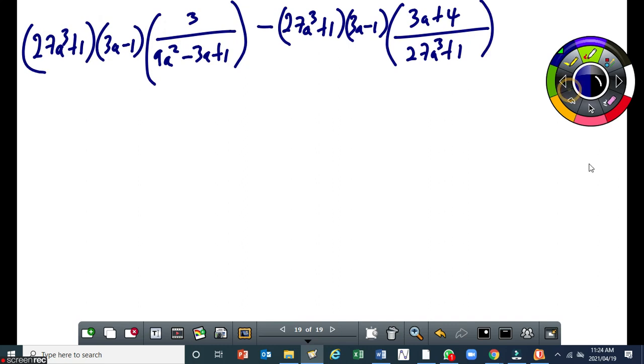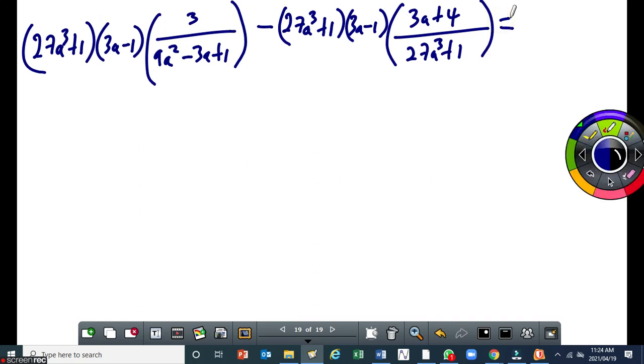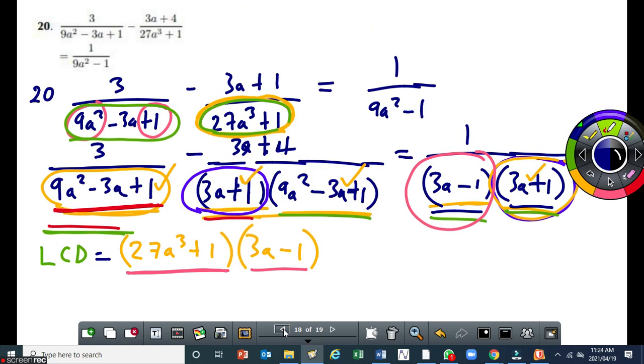Then on the right hand side, I'm going to multiply the fraction on the right hand side before I factorize, because the reason why I factorized the denominators was for me to be able to find the LCD. But when I'm simplifying, it's better to work with the original question.